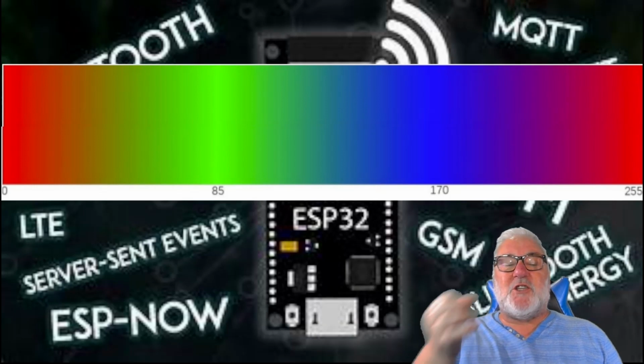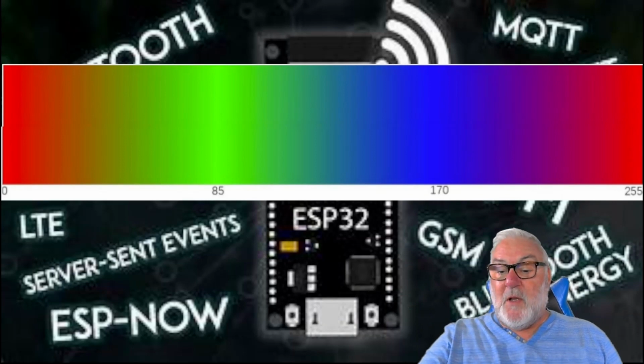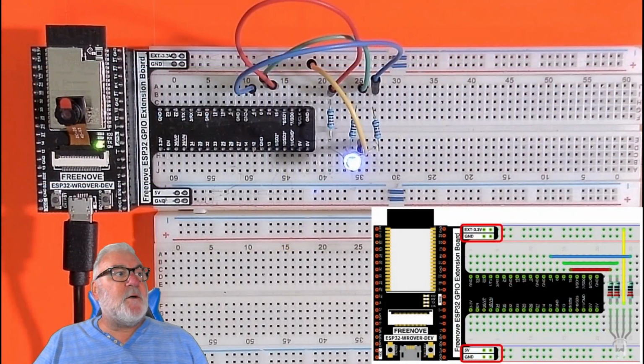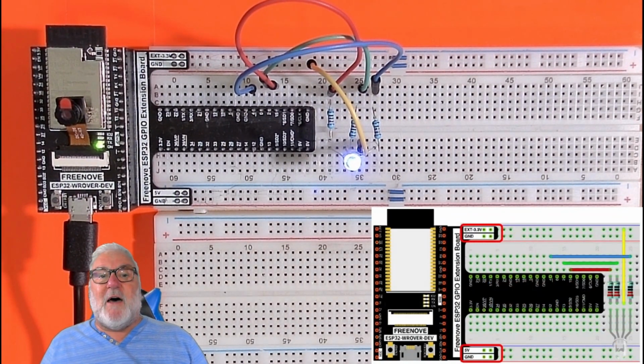It changes from 0 to 255. Now, we use the same circuit as we've used before for our last disco light, and we just need to change the configuration a little. That's all it is.